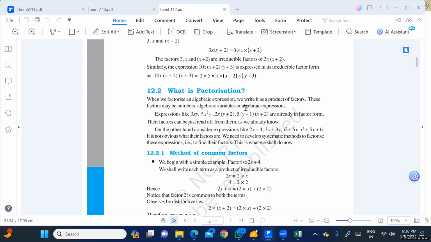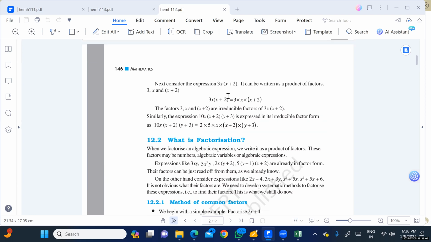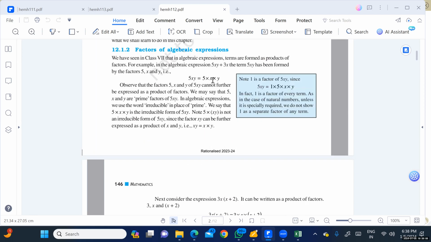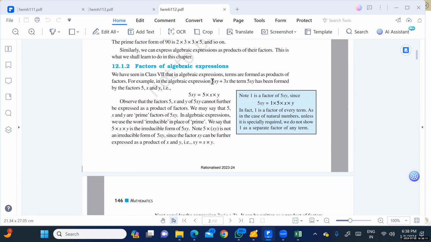What is an algebraic expression, Arush? Is this an algebraic expression? Yes, sir. If I only count this, what is it called?